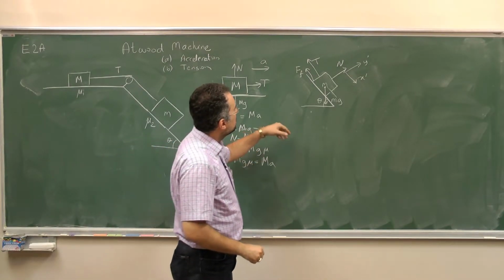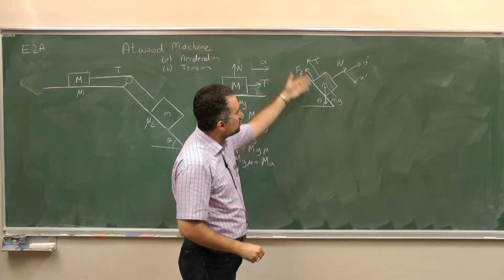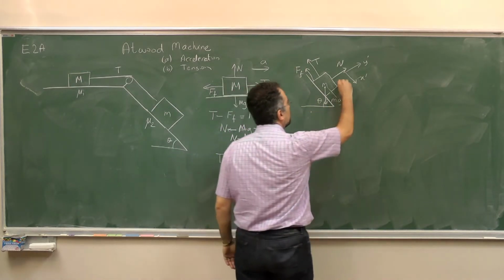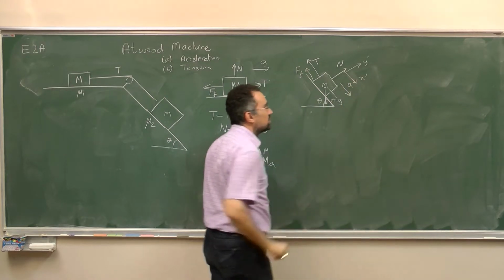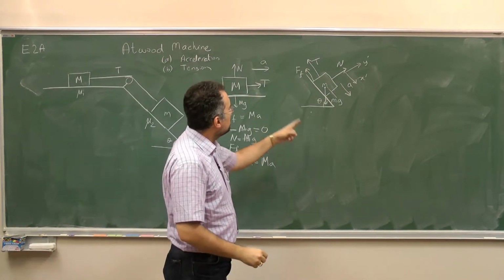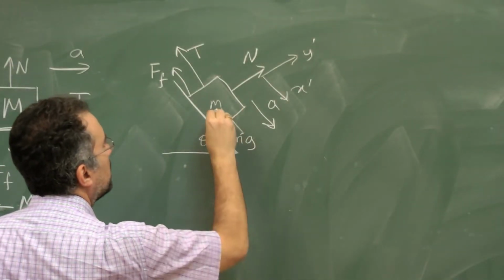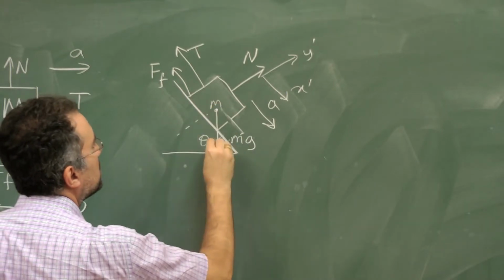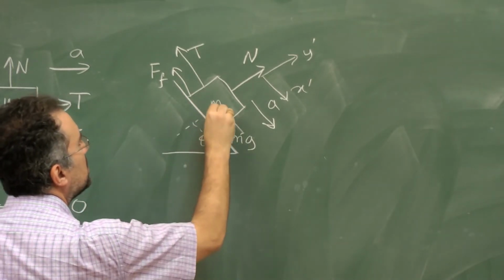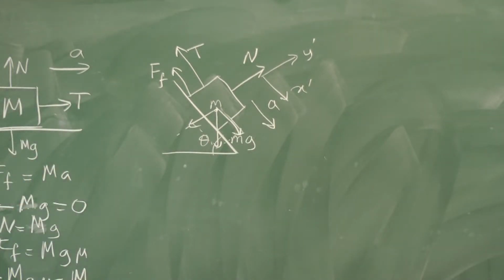So the first equation I will write in the x prime direction, choosing this as positive, and of course the overall acceleration is going to be in the x prime direction that way. I'll have to split this mg into its components along the axes that I chose.